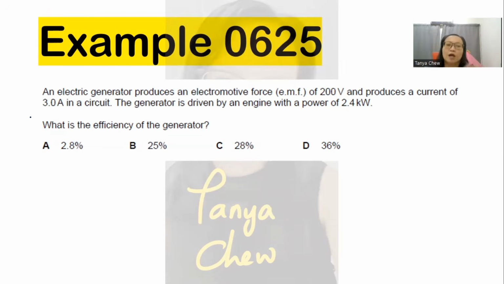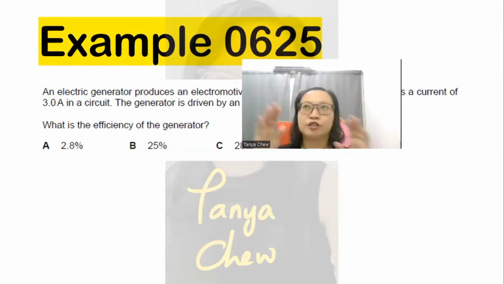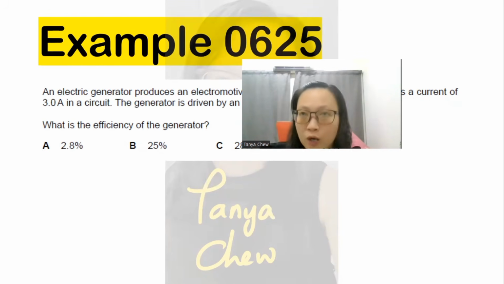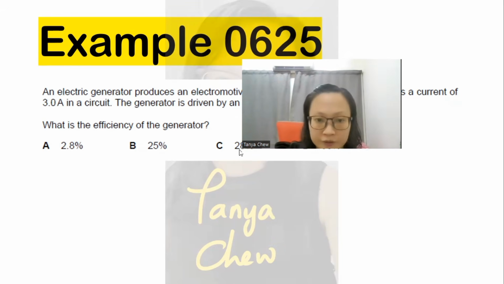First one is useful output power divided by input power times 100%. Second ratio is useful output work over input work times 100%. And the third ratio is useful output energy over input energy times 100%.